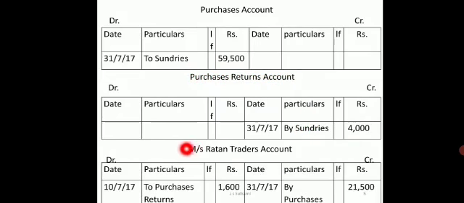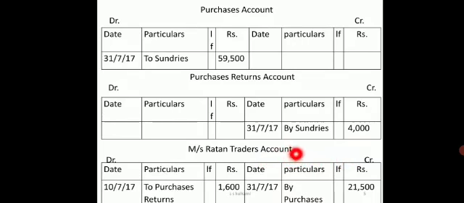Now coming to the Ratan Traders account. Ratan Traders have first made purchases. They have made purchases on 1st of July, 21,000. So that is credited. So on the credit side I will write 1/7/2017 21,000 by purchases.